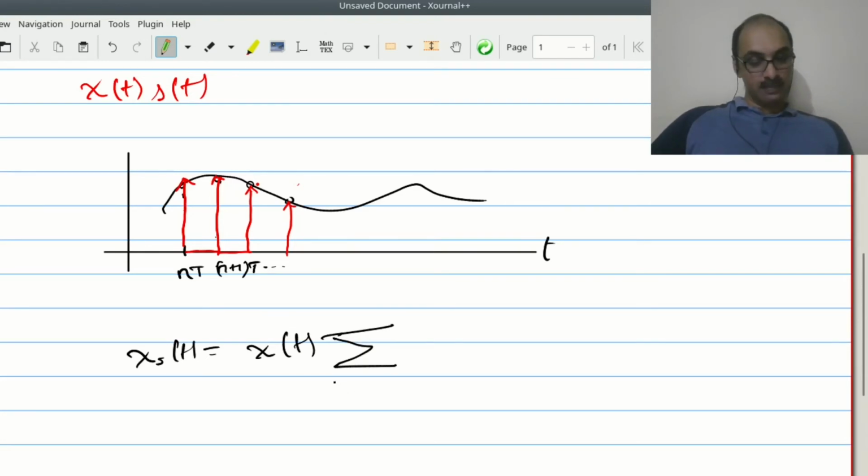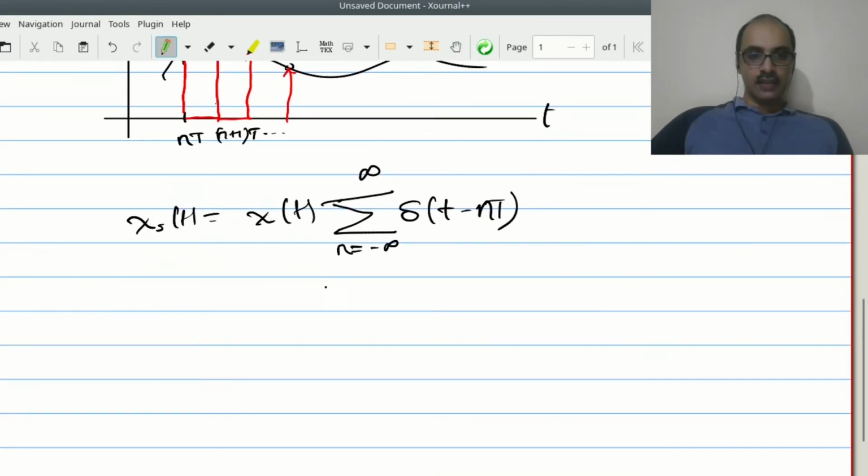The formula for the impulse train is just a sequence of impulses spaced T apart, the sum over n from minus infinity to infinity of delta of t minus nT, and if you bring x of t inside, it becomes the summation where n runs from minus infinity to infinity. If you multiply x of t by the impulse which is centered at nT, you will end up getting x of nT.